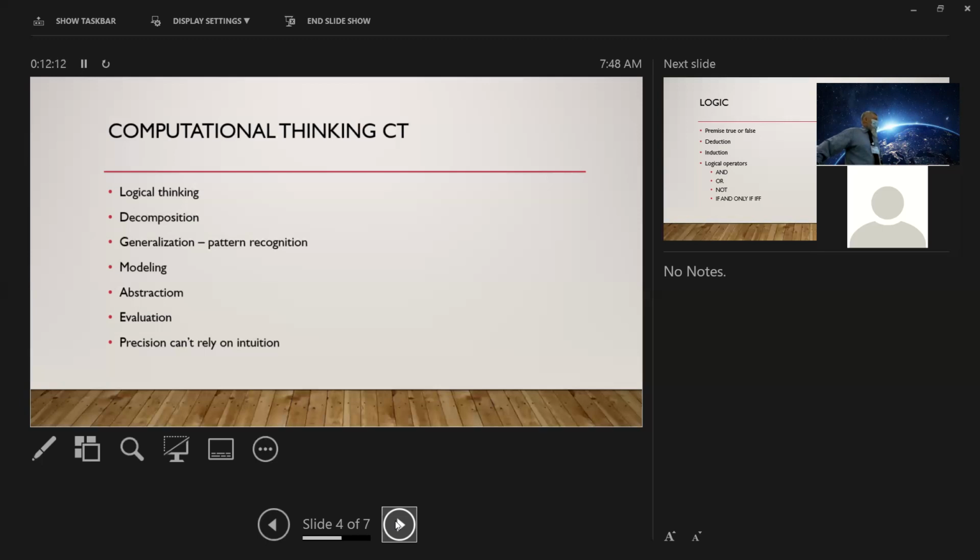So I've made this point a couple of times in this lesson today about precision. That is very important in our computing, that we get things precisely. Computer will not tolerate ambiguity.